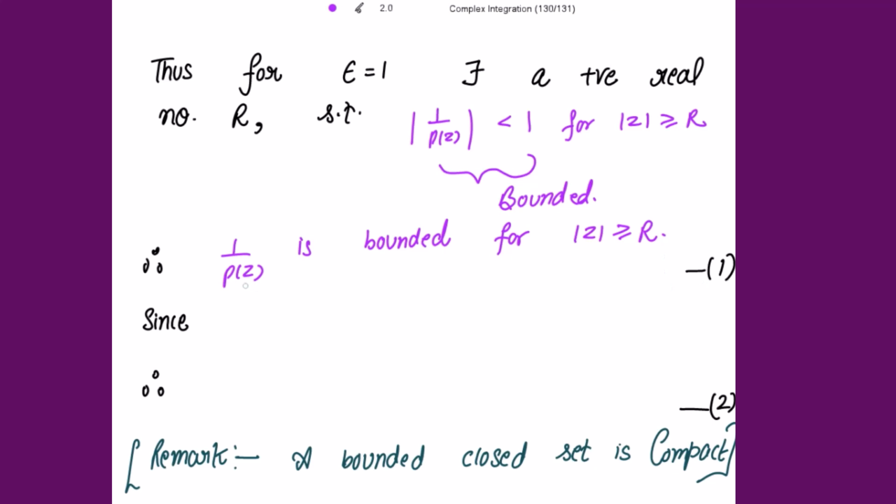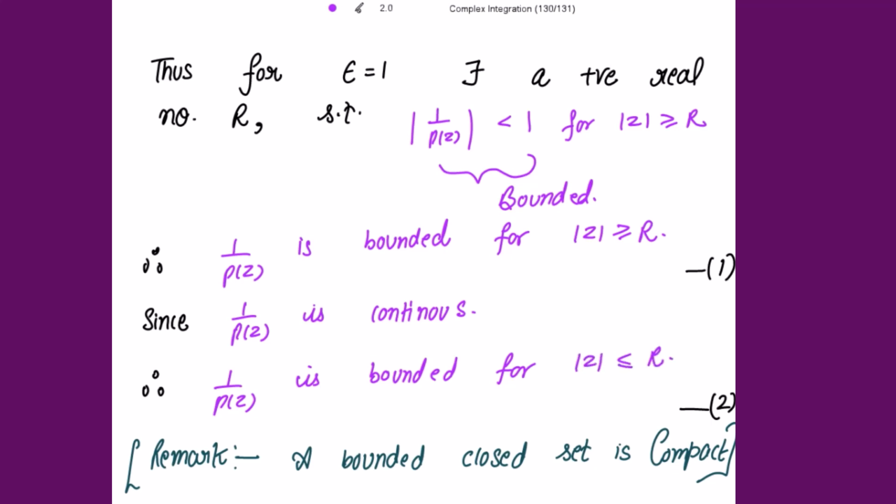Now since 1 over P(z) is an entire function, it is also continuous. Because it is continuous, 1 over P(z) is bounded for mod z less than or equal to r. Please mark this as 2.